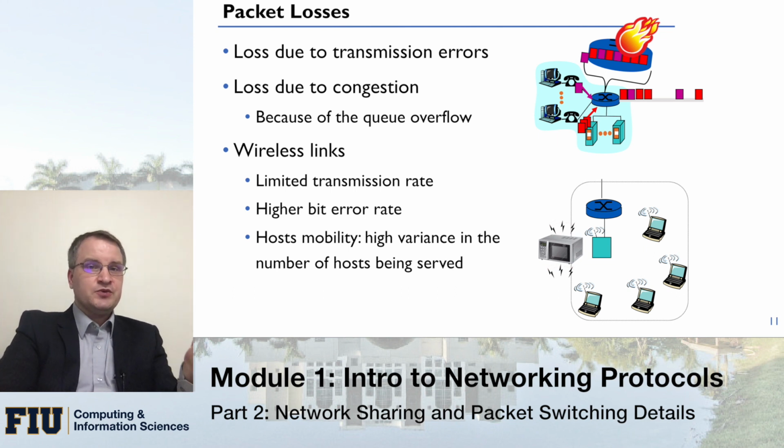So that's the attribute of transmission losses, which don't really happen in wired links but can happen in wireless links. Congestion is the major part, and in wireless links there are a lot of interference losses.